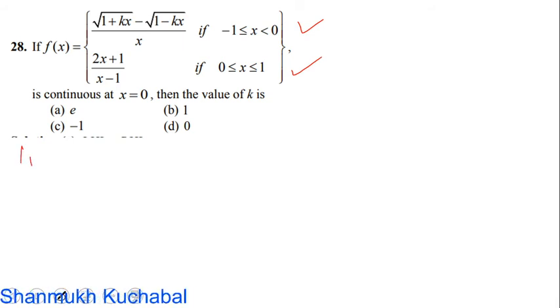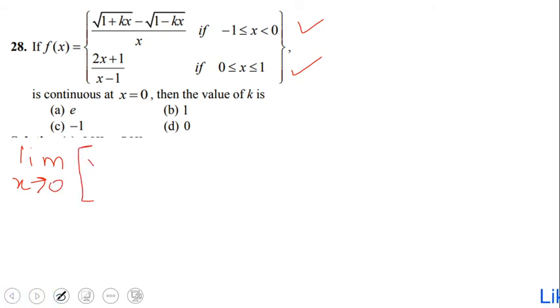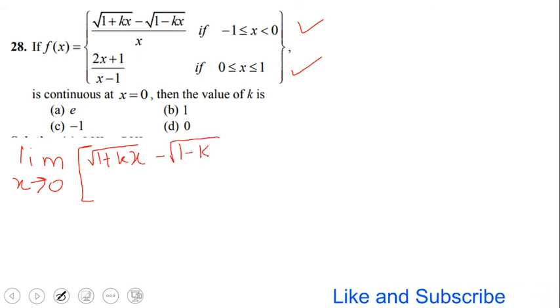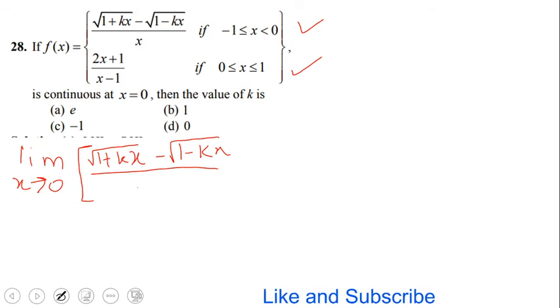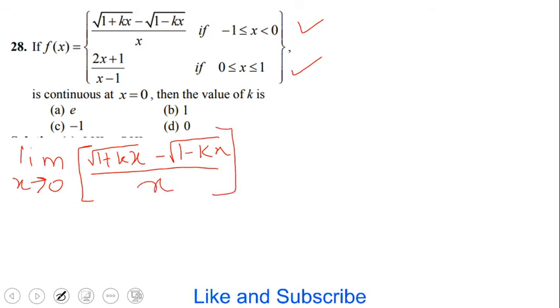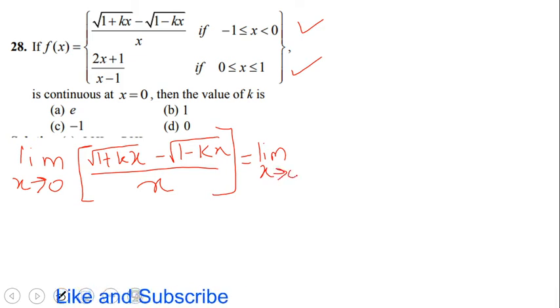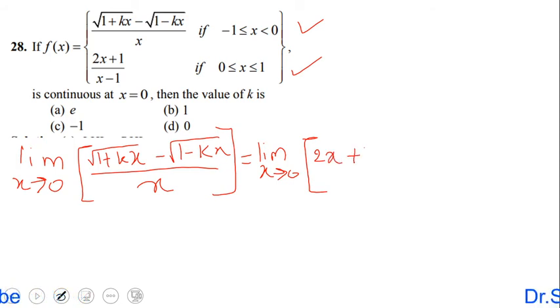So this is written as limit x tending to 0 of root of 1 plus kx minus root of 1 minus kx divided by x, equal to limit x tending to 0 of 2x plus 1 divided by x minus 1 here.